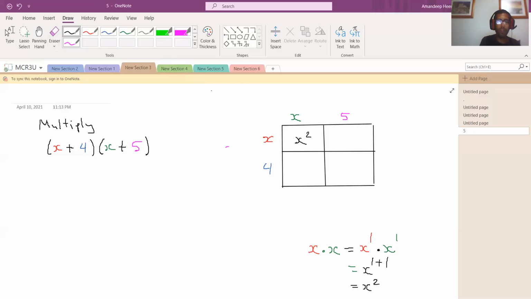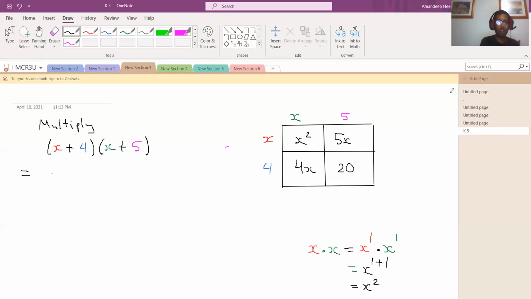Now, what about the other expressions? What is x times 5? Well, it's going to be 5x. And then what is 4 times x? Well, it's going to be 4x. And then 4 times 5 is going to be what? 20. So now we have what the values are.